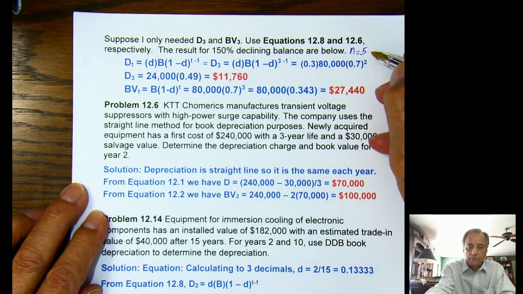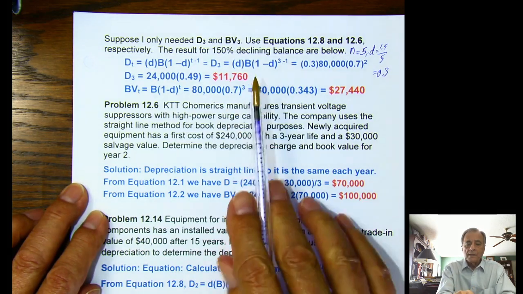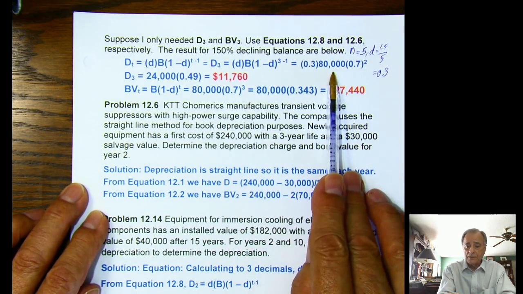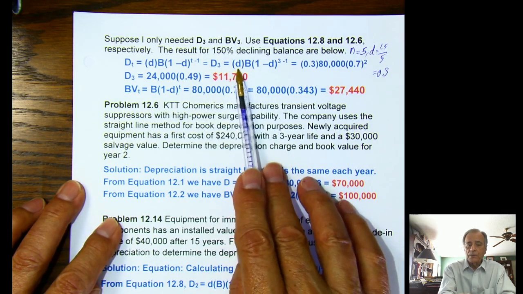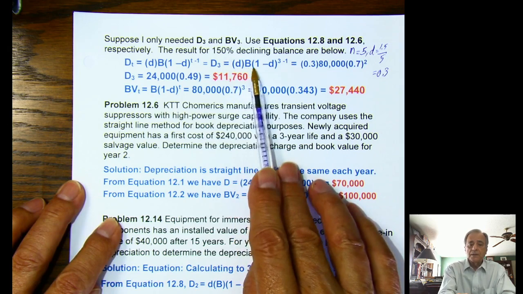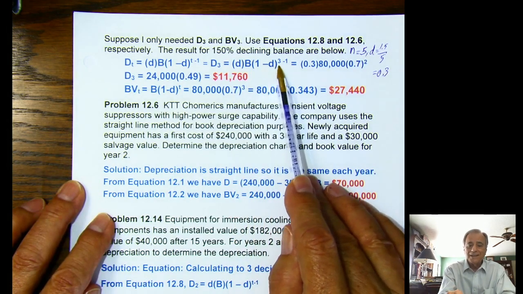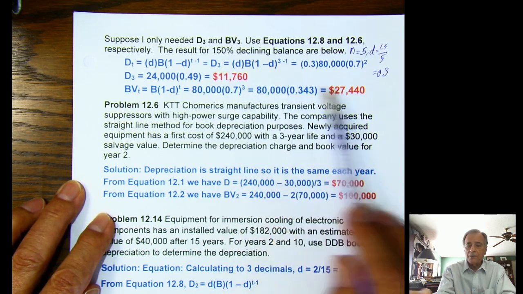So d equals 1.5 over 5 equals 0.3. And B was $80,000. So we'll take 0.3 times 80,000 times (1 minus 0.3, which is 0.7) to the t minus 1 power. So it'll be to the second power, squared.